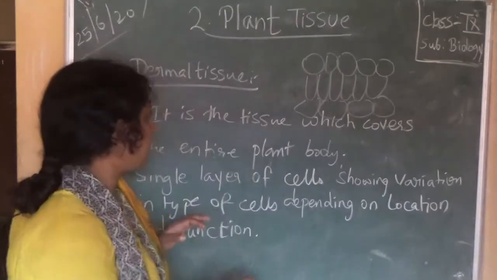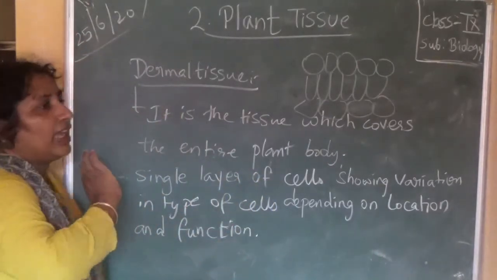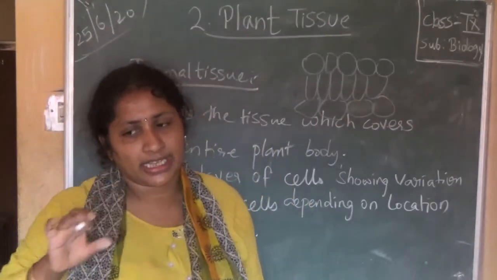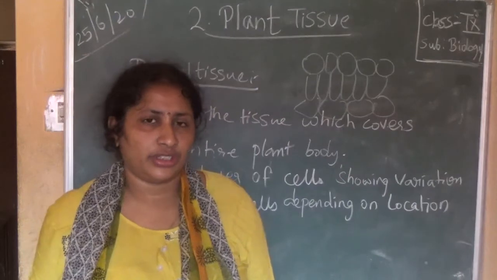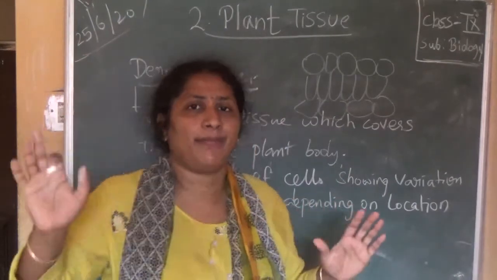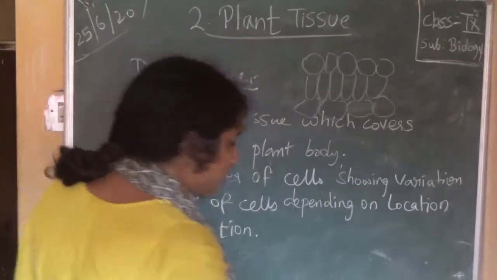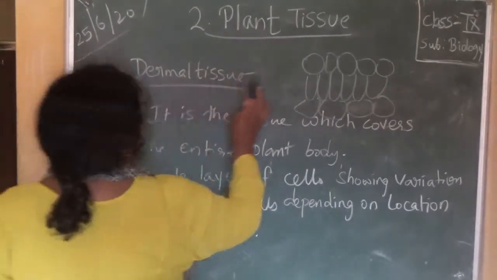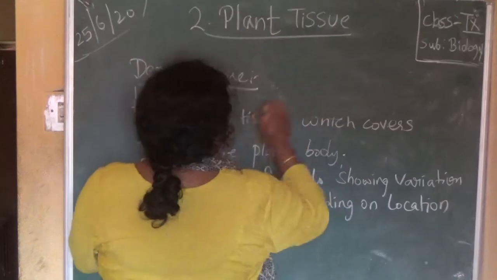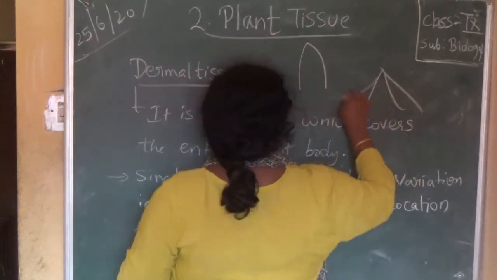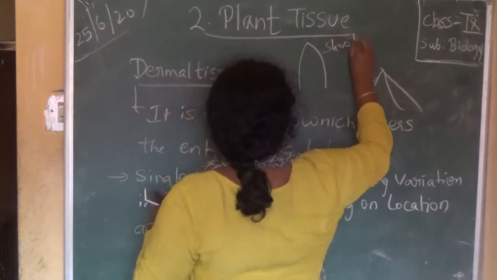If you see meristematic tissue, like shoot apical meristematic tissue and root apical meristematic tissue, you will see the same type of cells. This is shoot and this is root.